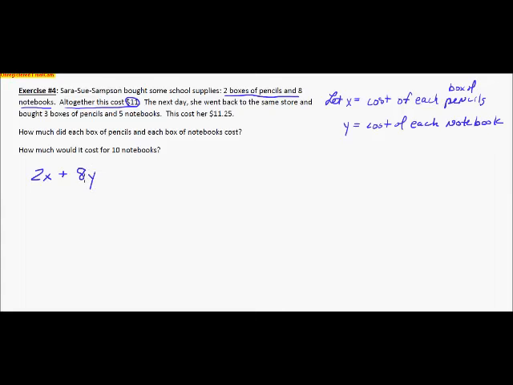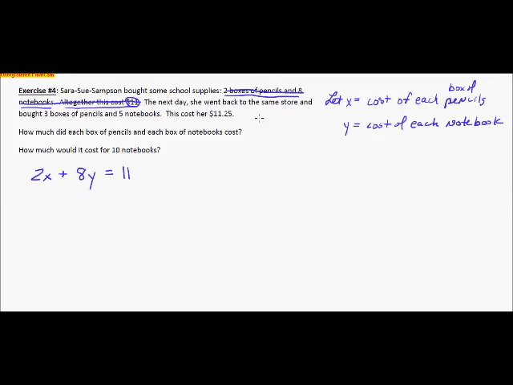That's 8 notebooks times the cost of each. Again, that's the dollar amount of 8 notebooks. And we said when she did that, that all came to $11. Again, money plus money should equal money. So really we've used this part of the word problem up.